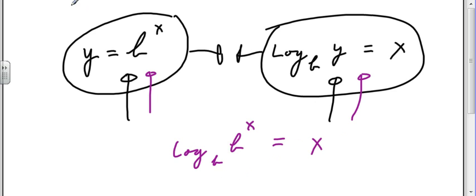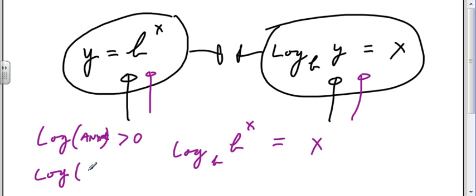Okay, a log of anything is going to always be positive. No, that's not true. The log of something, this has to be positive. So I can't take the log of a negative number until you get to imaginary numbers.